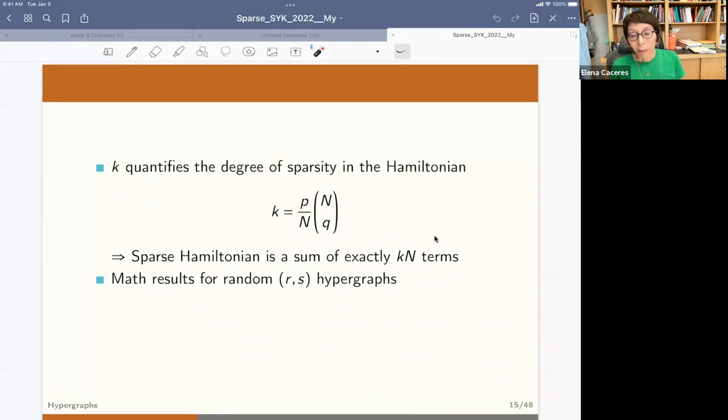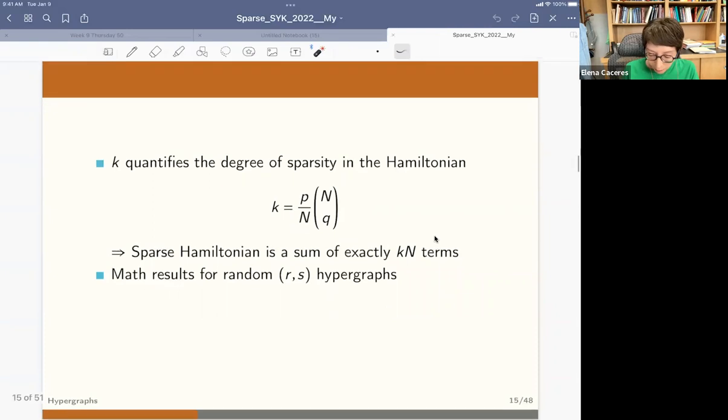If P equals 1, the number of terms in the Hamiltonian is always KN. We recover the normal SYK when P equals 1. Okay.